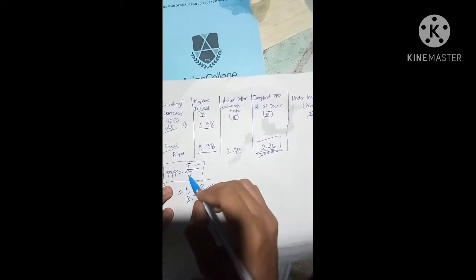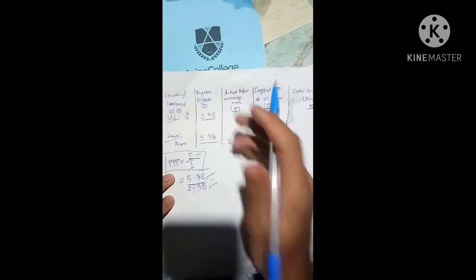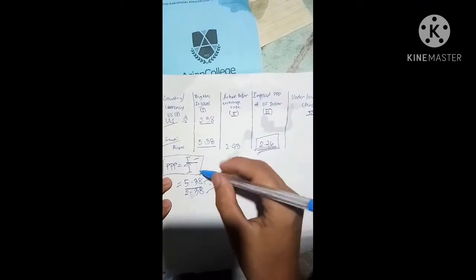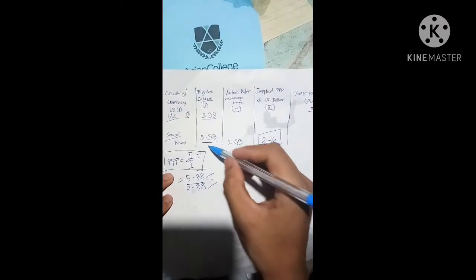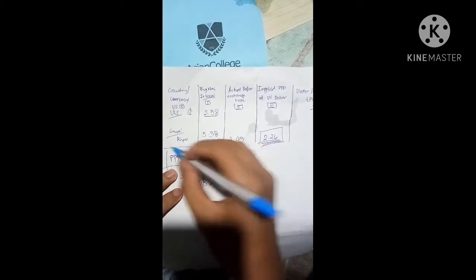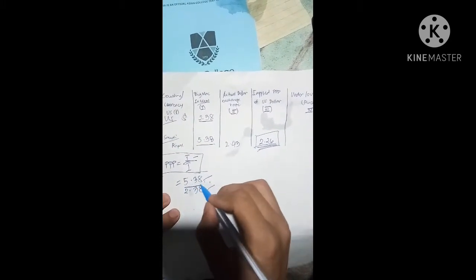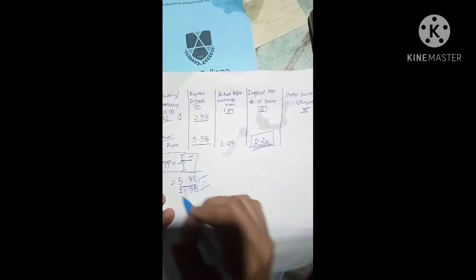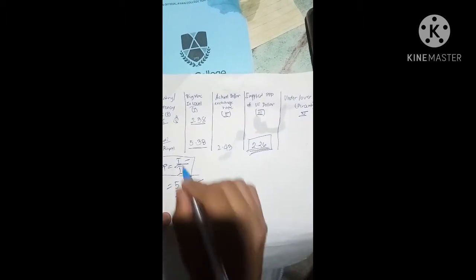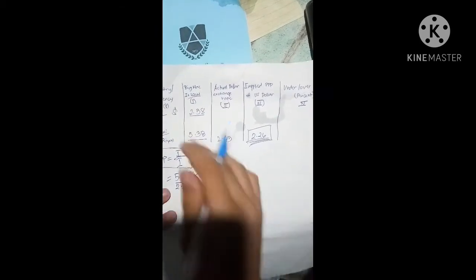PPP equals Big Mac price in local currency over Big Mac price in local currency. The difference is that in the upper side, this is the value in Saudi Riyal currency, so here, 5.38. Then in the lower side, this is the currency of the US, the dollar, so 2.38.